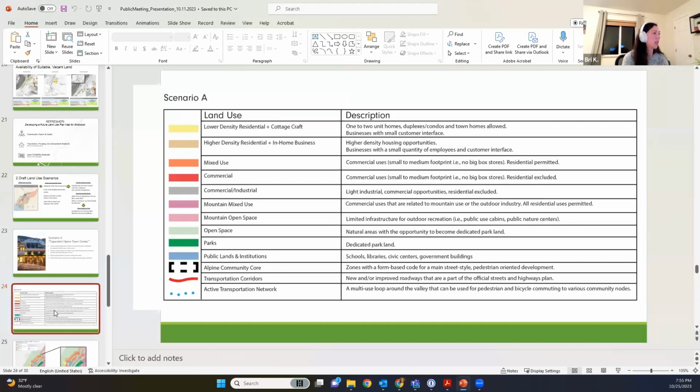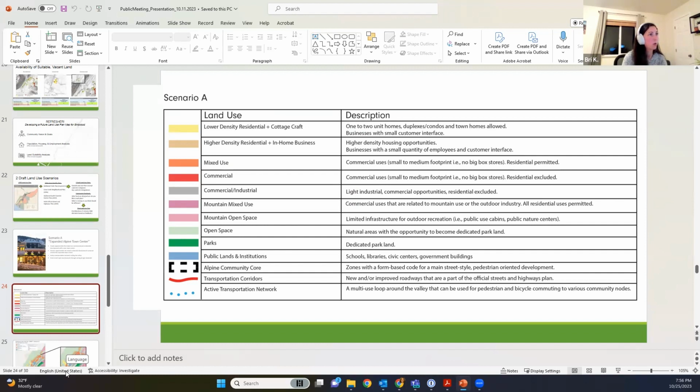Jumping into the land use categories, I'm going to read through all of these in the table for scenario A, and then in scenario B, I will just highlight the differences. For scenario A, we have two categories for residential. One is what we're calling lower density with cottage craft, and the other is higher density residential with in-home business.